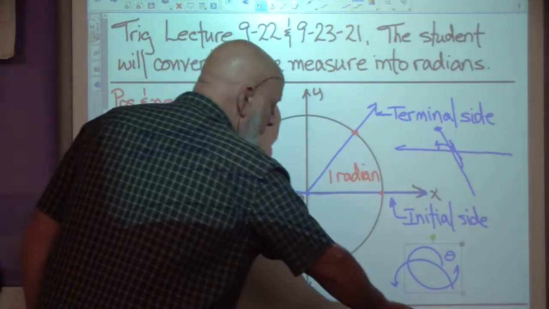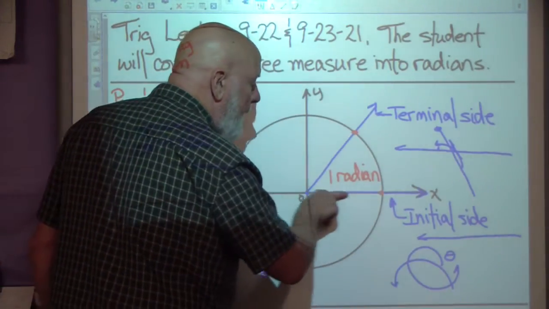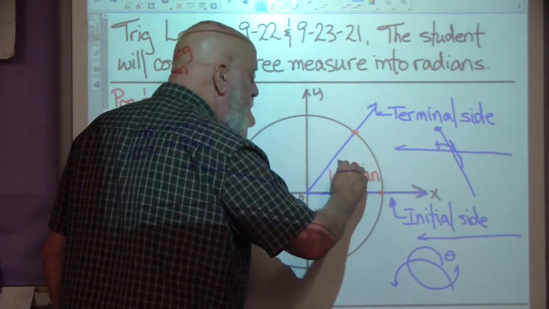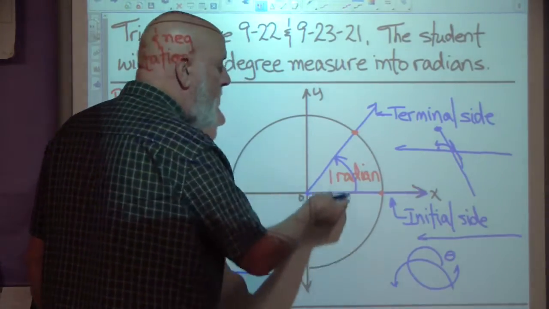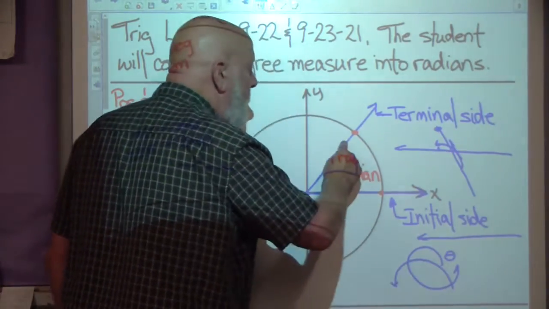If your initial side is at the positive x-axis, right here, and you rotate in this direction, this is said to be positive rotation. If we rotate in the other direction, here's our initial side.